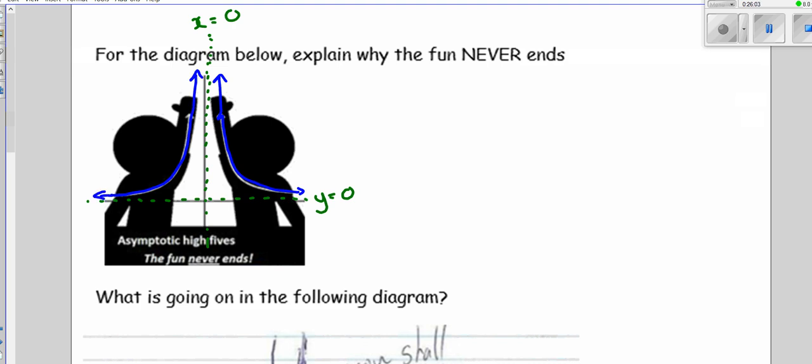So the high fives, why the fun never ends. It's because of the fact that the function will never touch or cross the asymptote.